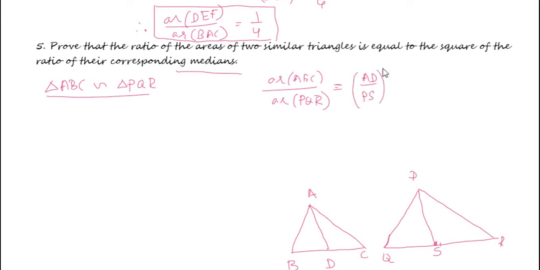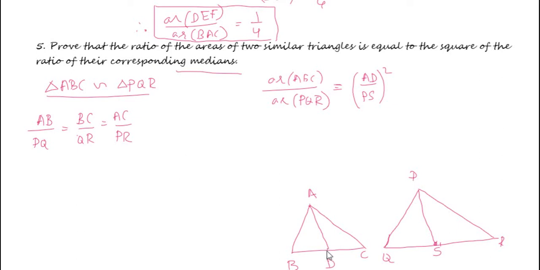We need to prove this one, that ratio of their areas is equal to the square of the ratio of the medians. When two triangles are similar, we know their corresponding sides are in proportion, that is AB by PQ, that is equal to BC by QR is equal to AC divided by PR.